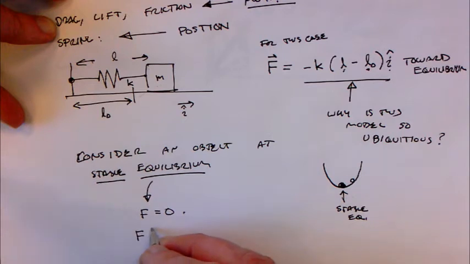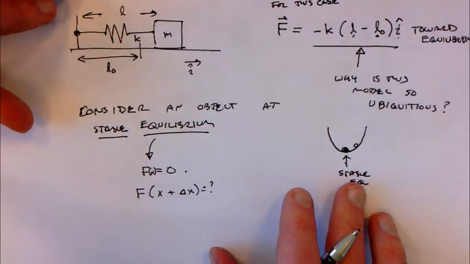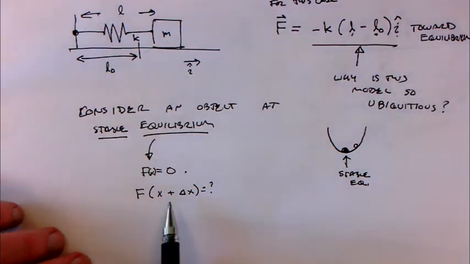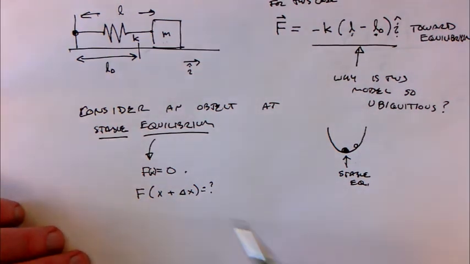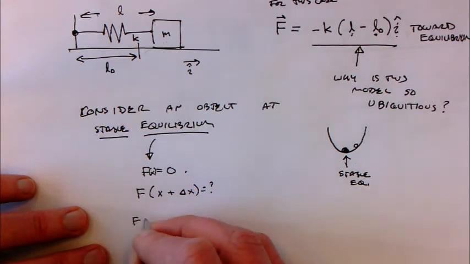If I say the force at point x is 0, and ask the question, what's the force at point x plus delta x? So I displace a little bit from that equilibrium point. What do I expect the force to be? Well, I don't know, but I could think about this just as a function and say, well, how might that behave? And I could use a Taylor expansion, right?